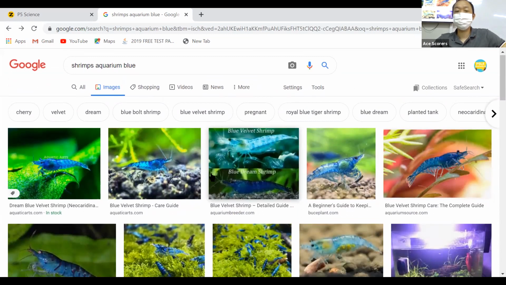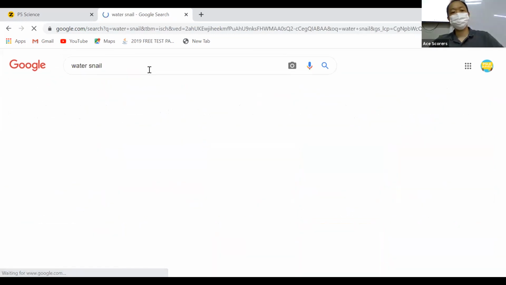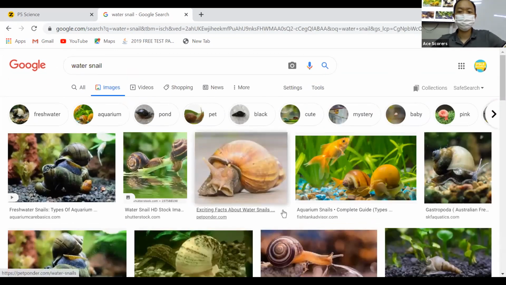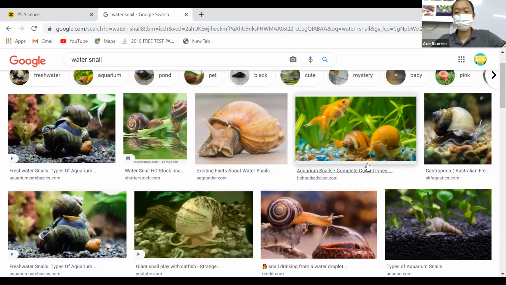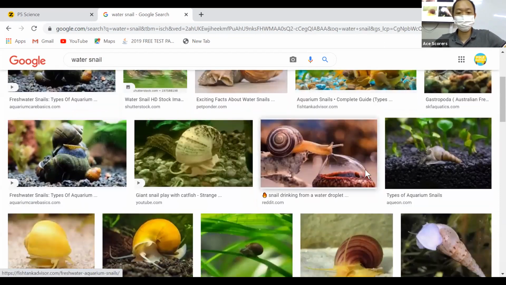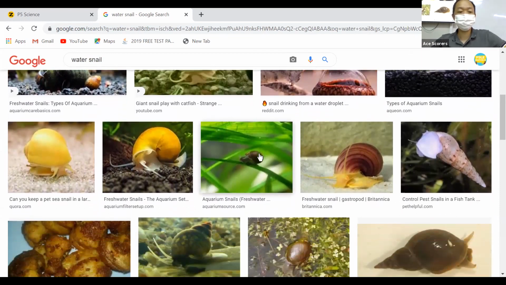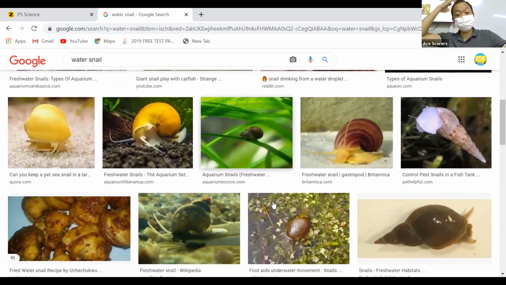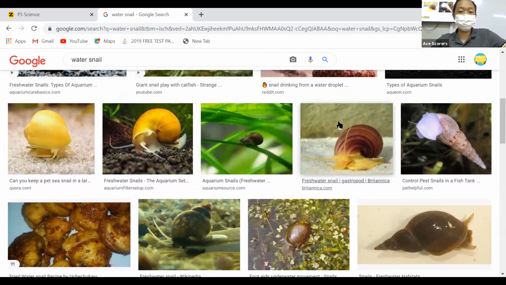Can I see a water snail? Small ones, tiny ones. They look like a normal snail, it's just that they can survive underwater. They live on the leaves. They will just walk around and blow bubbles.